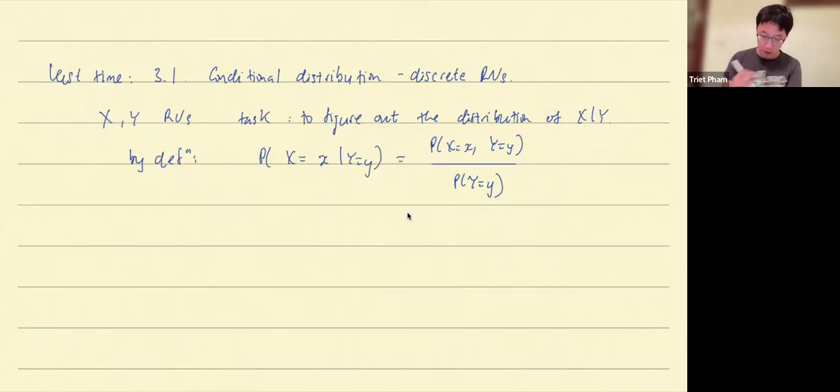To figure out the distribution of X given Y is really just a step in between, because maybe the question will be something like this: figure out the distribution of X given Y so that you can compute, let's say, the expectation of X given Y, or the variance of X given Y. Or even maybe something like a probability, who knows?